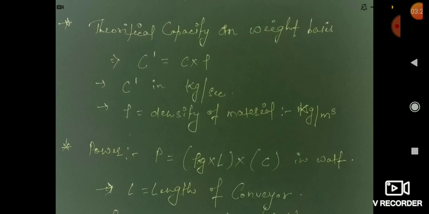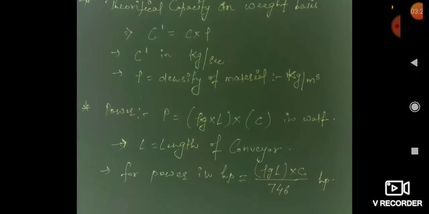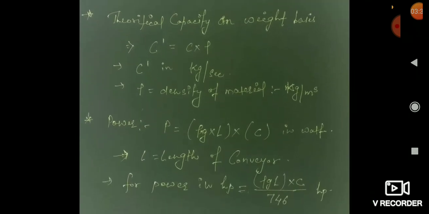But when they are asking in terms of weight basis, then we simply multiply the theoretical capacity calculated on volume basis with the density of the material. I think all of you know that density is equal to mass by volume. So if you multiply the volume by density, then you get mass, means kg per second. It is very simple, and I think all of you can understand this.